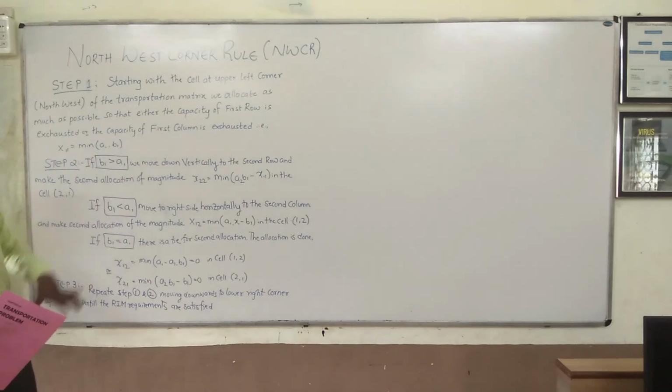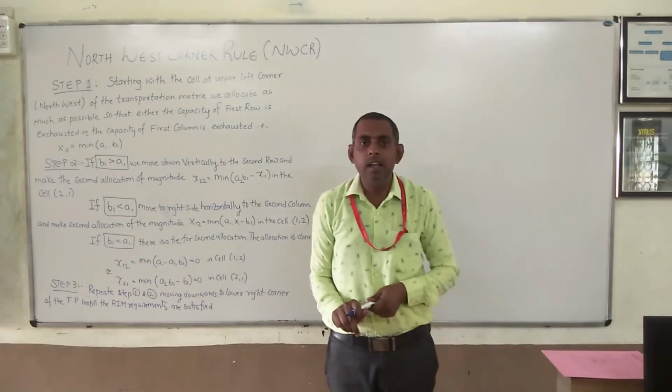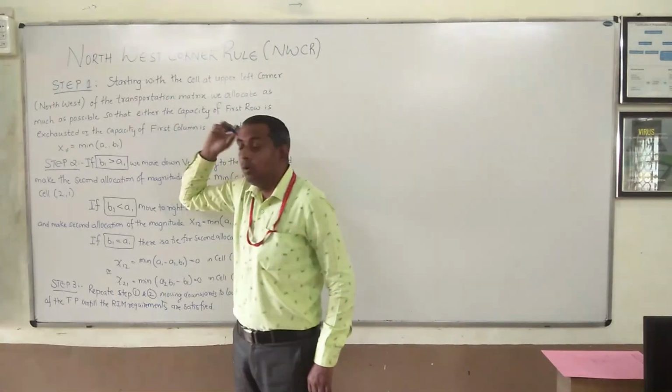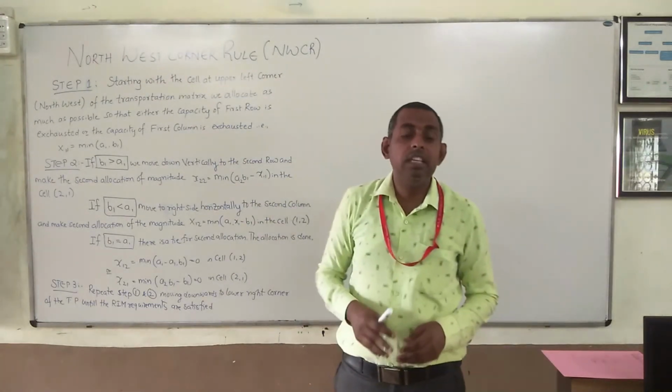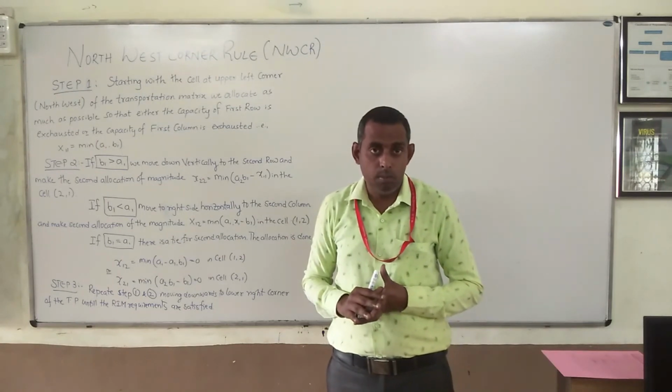So this is the northwest corner rule. Once again I will repeat the northwest corner rule here. At first, why we go for the northwest corner rule is that we want the initial basic feasible solution for the transportation problem.